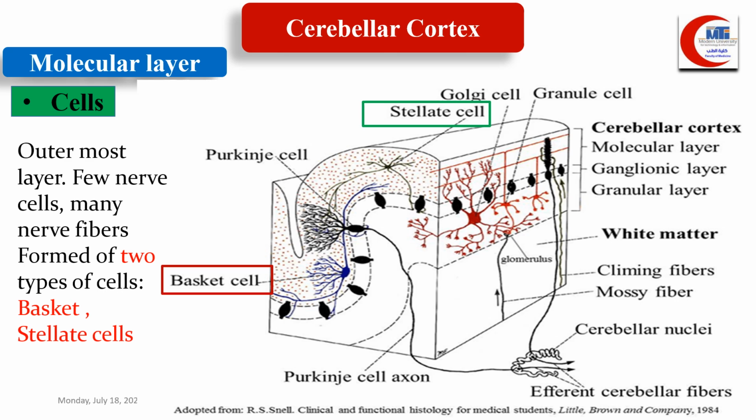It is formed of mainly two types of cells, which are basket cell and stellate cell. So basket cell is labeled by the red rectangle here, and stellate cell is labeled by the green rectangle here.